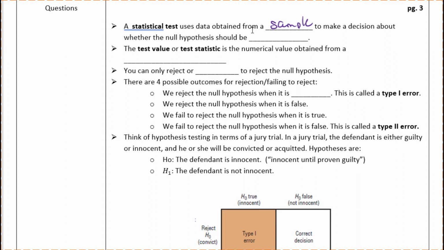You're going to use the data from that sample, make a calculation, and then use that calculation to make a decision about whether the null hypothesis should be rejected or not. So you're either going to fail to reject or reject it. So the test value or test statistic is the numerical value obtained from a sample.